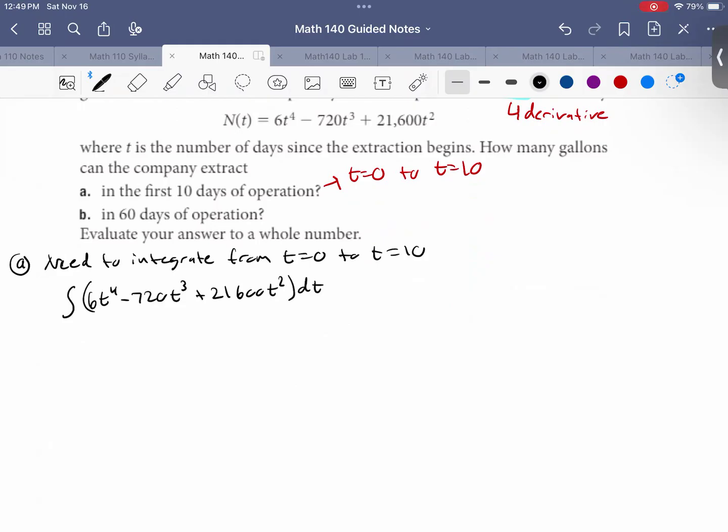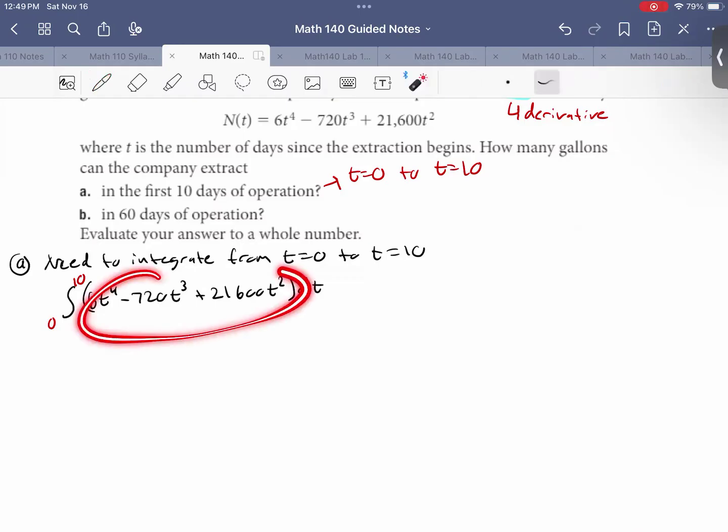But how do I integrate from 0 to 10? This is the concept of having limits, or endpoints, 0 and 10, and the way you write this is 0 and 10 on our integral. We take the integral of this function as we normally would.